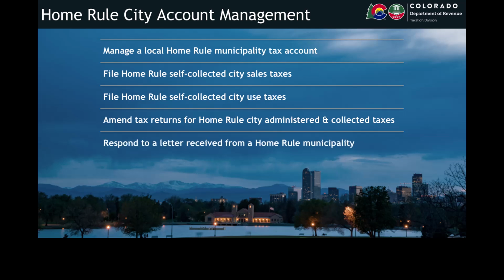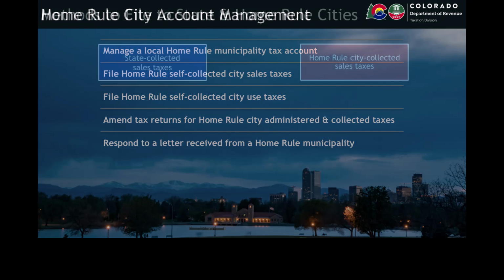For example, if a home rule self-collecting city assesses penalties on a missing or late filed return or payment submitted through SUTS, the business must contact the home rule city directly. The Colorado Department of Revenue has no access to home rule city information, such as local account numbers, nor can the department waive home rule city assessed penalties or interest. To contact self-collecting cities directly, please reference Form DR 1002.